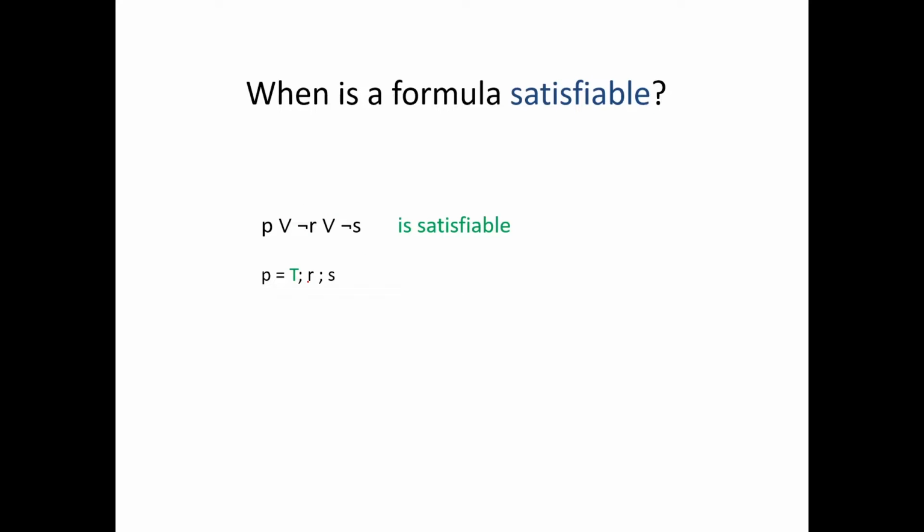So even if R is true or S is false, whatever, it's going to be satisfiable. And another one is if you set R is false. So if we say, hey, now R is false, not R is going to be true. So same as before, the whole thing is going to be true.